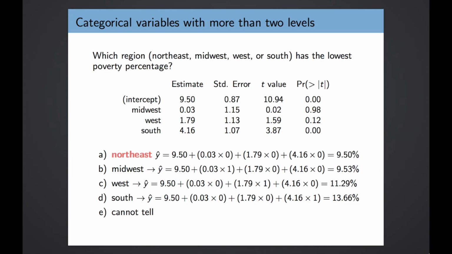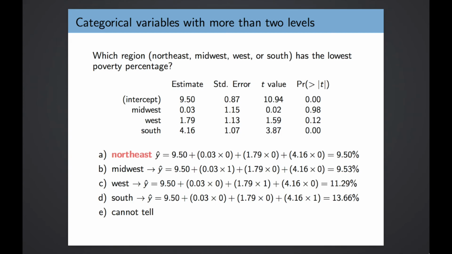Now remember, for Northeast, for our reference category, we have our intercept, 9.5, plus a 0 for Midwest, because the state's not in the Midwest, plus a 0 for West, because the state's not in the West, plus a 0 for South. So that's going to give us, for Northeast, an estimated poverty percentage of 9.5%. So because Midwest, West, and South, each of those categories all have positive slope coefficients, that means that for states in any of those categories, they're going to have something added to the estimate.